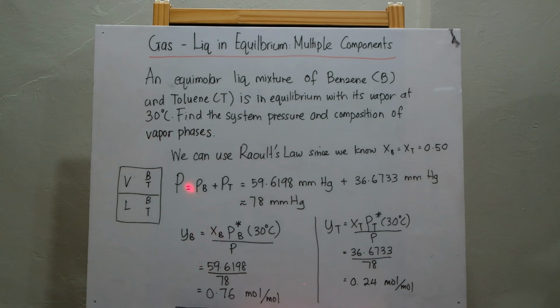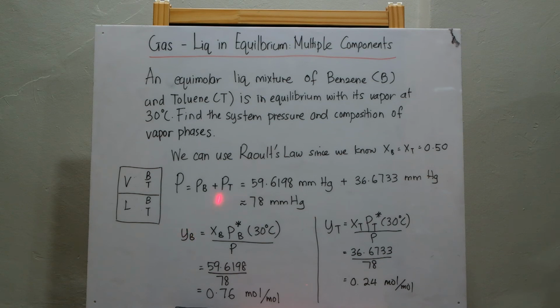We know we have obtained P of the system from the calculation of partial pressure, approximately 78 millimeters of mercury. We remember Raoult's law, where Y times P, the pressure of the system, is equivalent to the mole fraction times the vapor pressure of that component. So we utilize that equation.